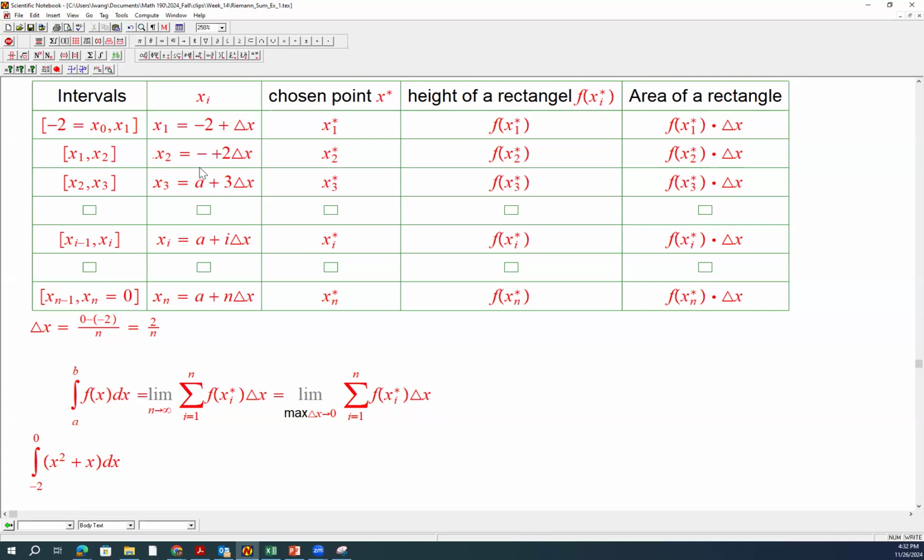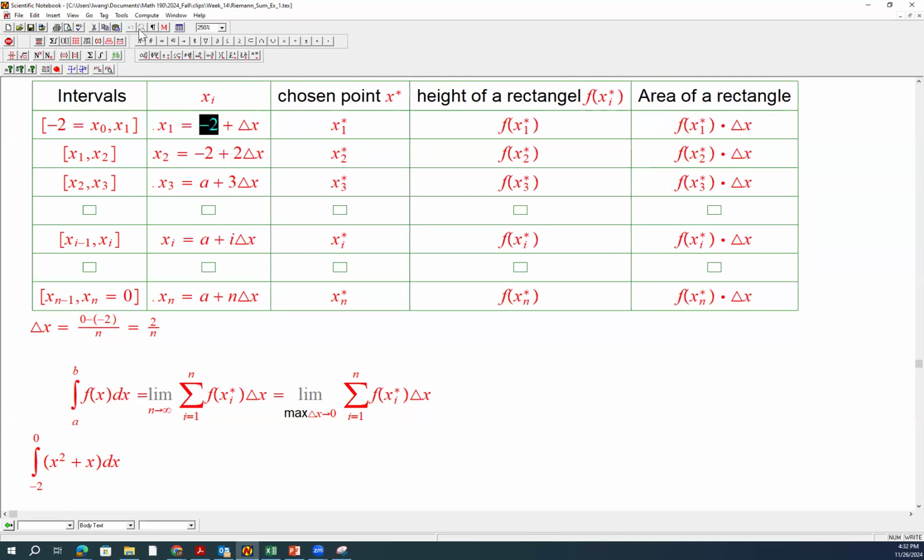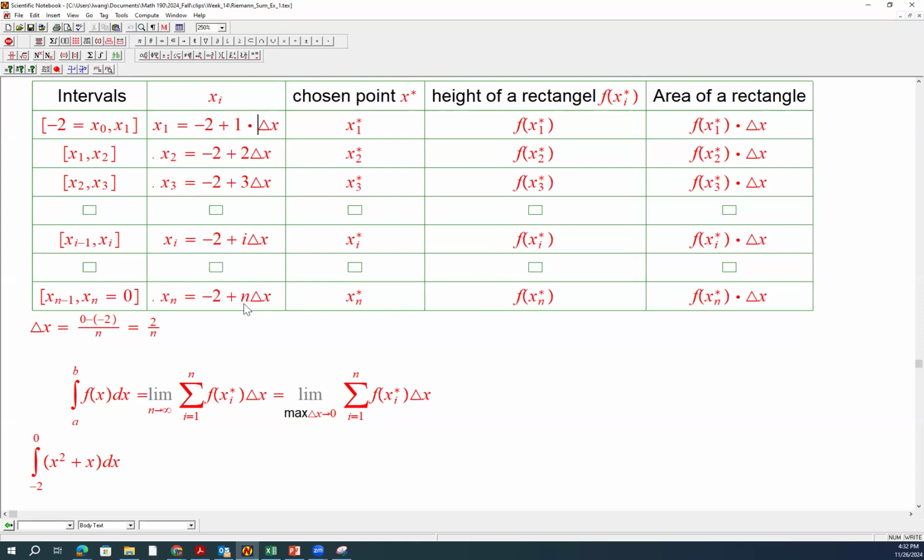So we're going to replace A by its value. What else? You can see this as 1 times delta x.